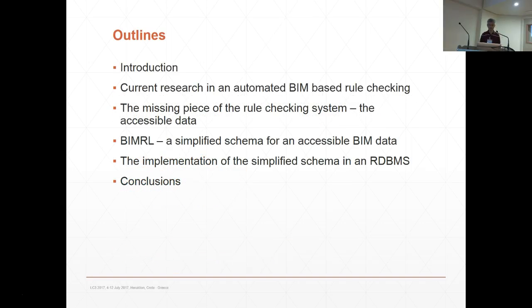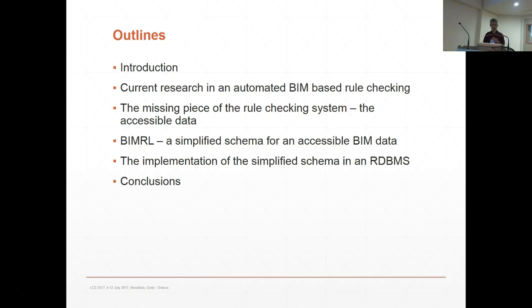The outline, I will just go through very quickly: introductions about what we are trying to do. And briefly, I will also go through current research in the automated BIM-based rule checking. And then I will go into the heart of the paper, about the missing piece of the rule checking systems, which is the data.